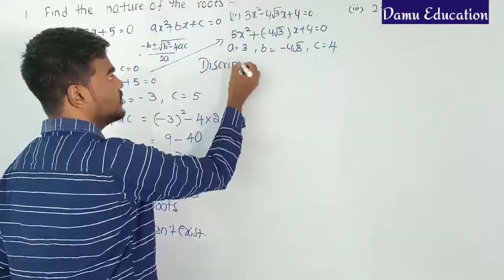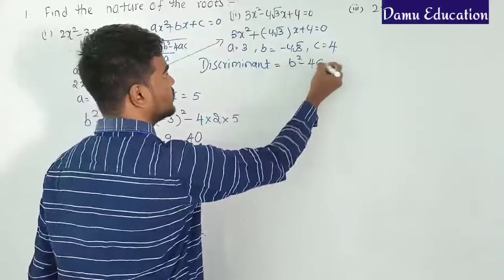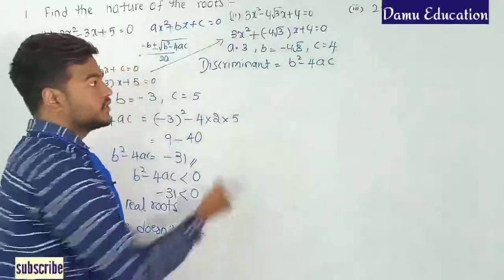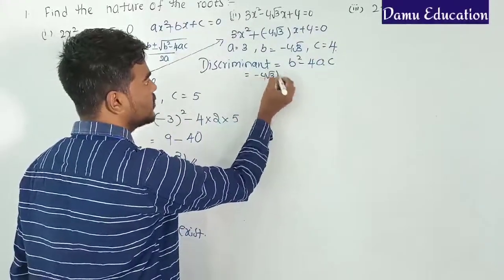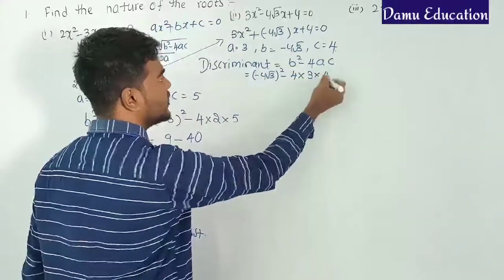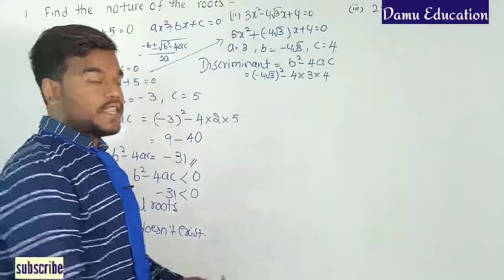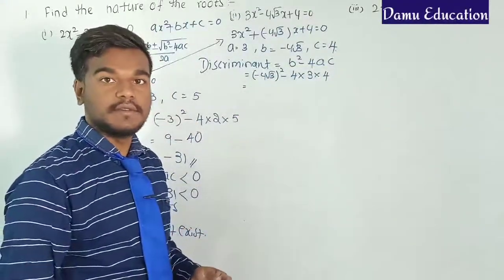So the discriminant is b square minus 4ac. b square is minus 4 root 3 whole square, minus 4 into a, which is 3, and c, which is 4. Minus whole square means minus into minus becomes plus.